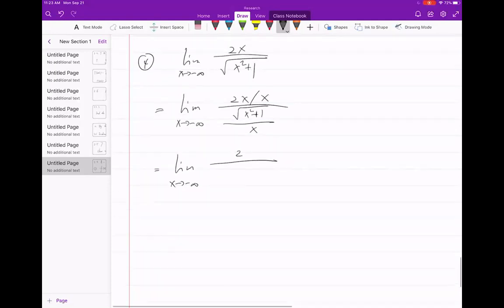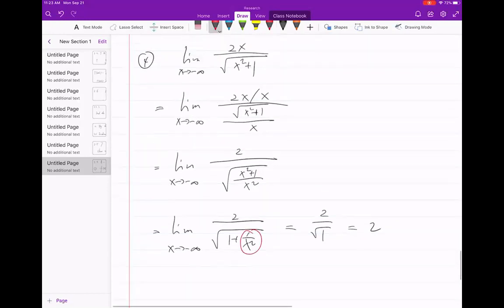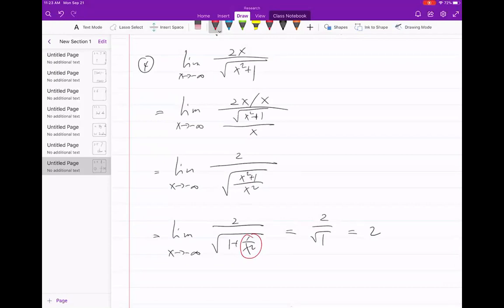Right, and then that's the square root of x squared plus 1 over x squared, which is the limit as x goes to negative infinity of 2 over the square root of 1 plus 1 over x squared, which is 2 over this, which is 2, assuming this one goes to 0. You follow what I'm doing?